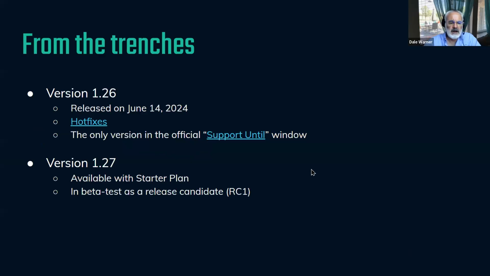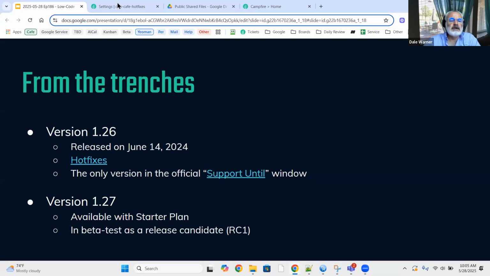So if you're at a version earlier than 1.26, I encourage you to upgrade. And 1.26 is really the most stable and full-featured version that we have. So I would advise installing 1.26 and installing all the hotfixes. We'll come back to 1.27 in just a second.